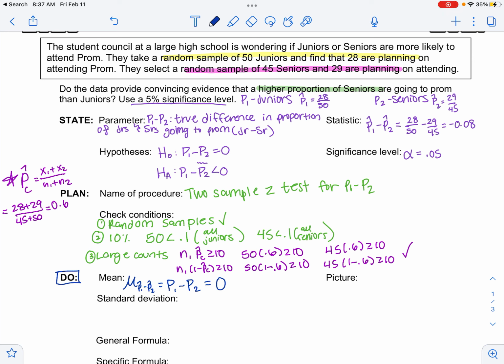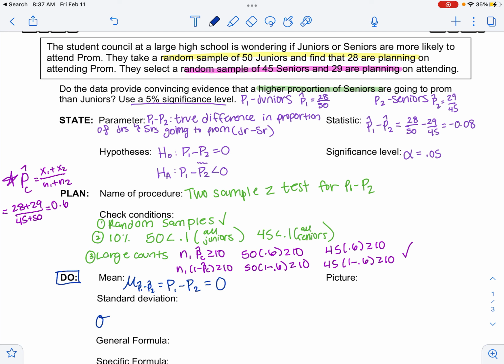For standard deviation, typically when we have a difference of two proportions, we use the standard deviation equation on our formula sheet, where we do the square root of p1 times 1 minus p1 over n1, plus p2 times 1 minus p2 over n2. But remember, we don't know p1 and p2. Rather, we have p hat combined, and so that's what we're going to use.